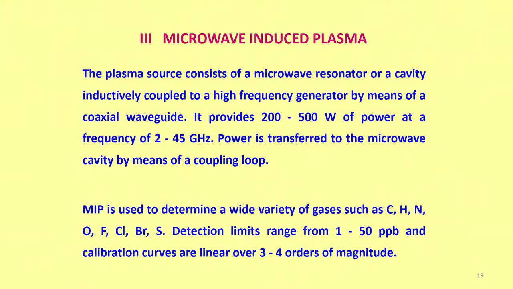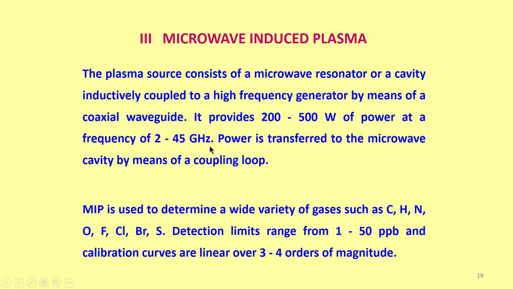Now, we will discuss a little about microwave induced plasma, but it is not very important because ICP, inductively coupled plasma, has become more popular. This plasma source consists of a microwave resonator or a cavity inductively coupled to a high frequency generator by means of a coaxial waveguide.